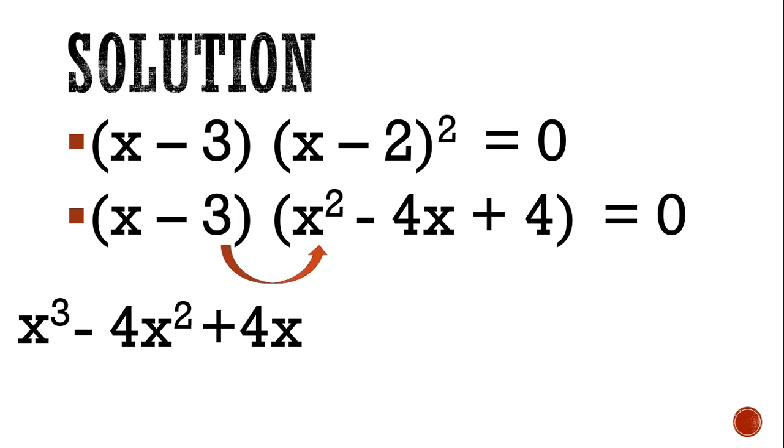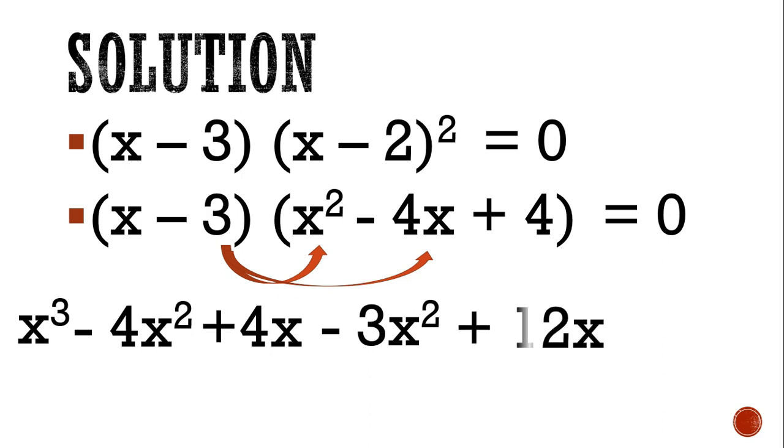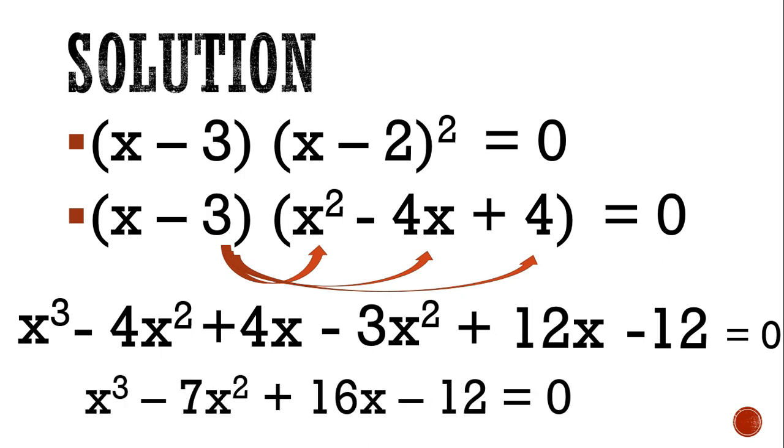Negative 3 multiplied by x squared is equal to negative 3x squared. Negative 3 multiplied by negative 4x is equal to positive 12x. And negative 3 multiplied by 4 is equal to negative 12. Then, by combining like terms, the standard form will be x cubed minus 7x squared plus 16x minus 12 is equal to 0.